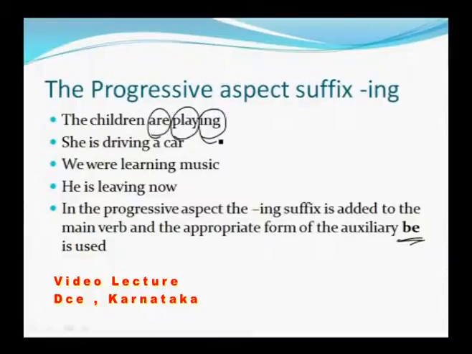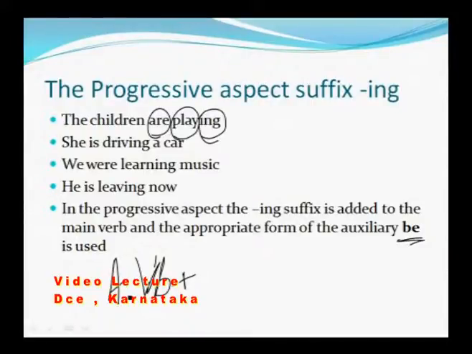So that would mean in the progressive aspect, what is the rule or the formula we follow? We follow first the verb, auxiliary verb. I have written a short form.